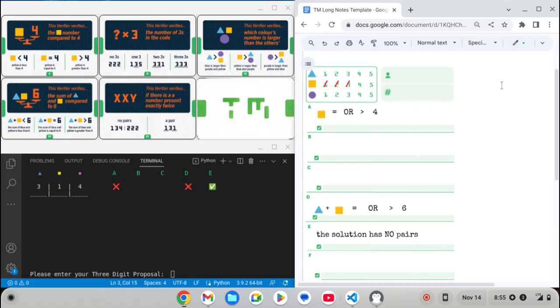Now, does that in any way help inform us a little bit more about criteria card D, the sum of equal or less than 6? Well, the only distinction is triangle cannot be a 1 if square is 4, because that sum is less than 6.